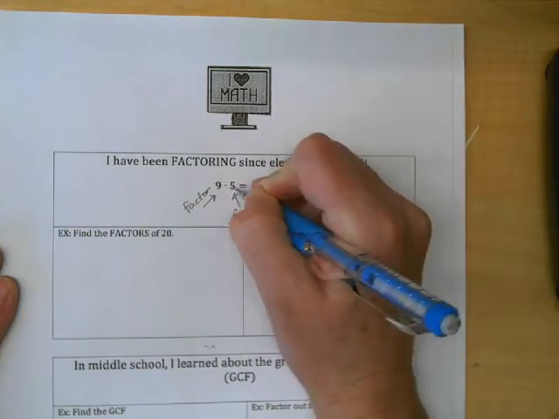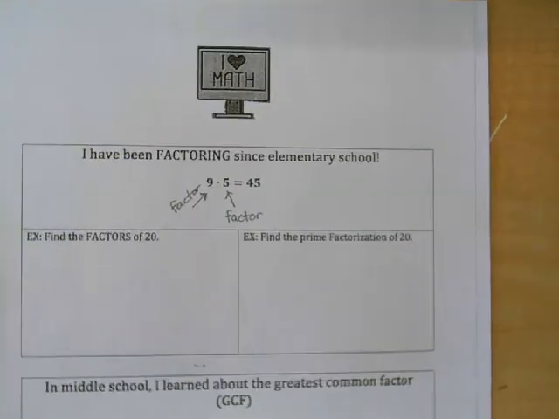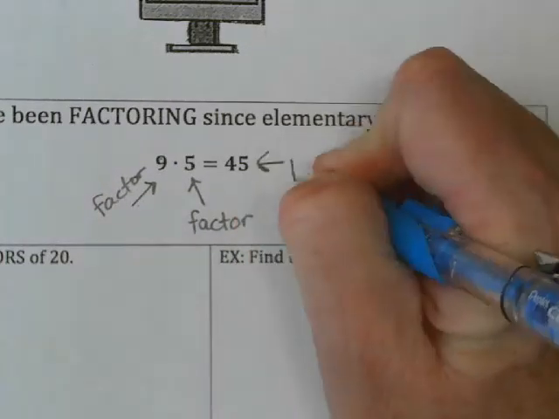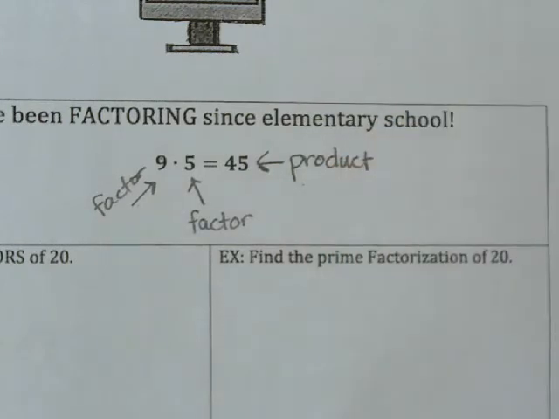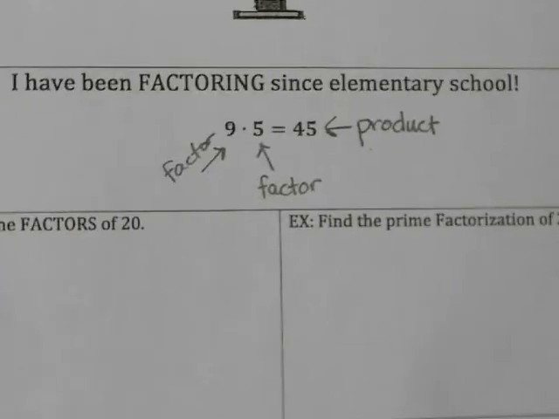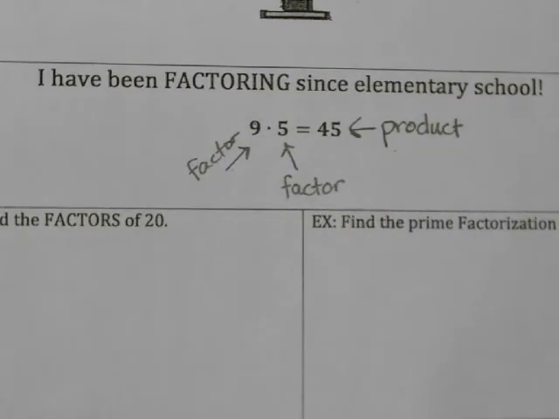When you multiply, the things that you multiply together are called the factors. And then the answer to a multiplication problem is called the product. You learned that in 3rd grade, when we started learning about our times tables. And then we learned about making the factors of a number.